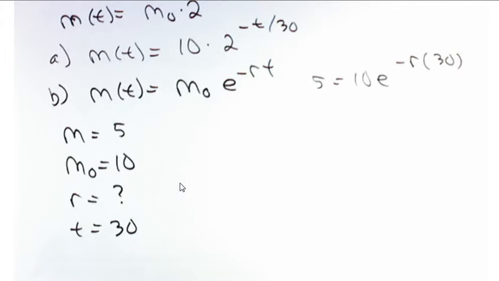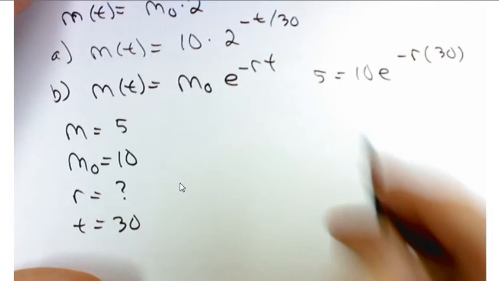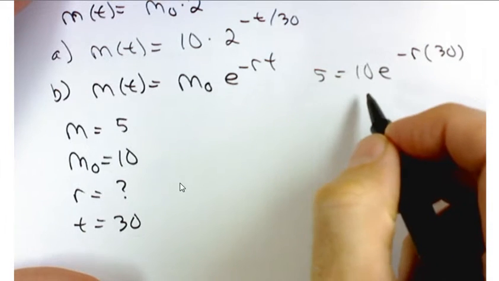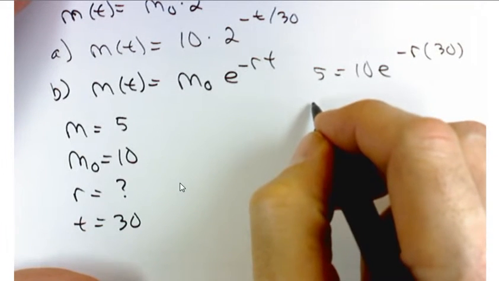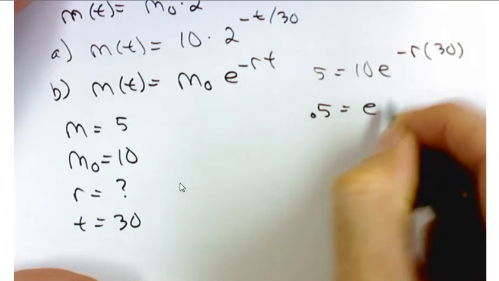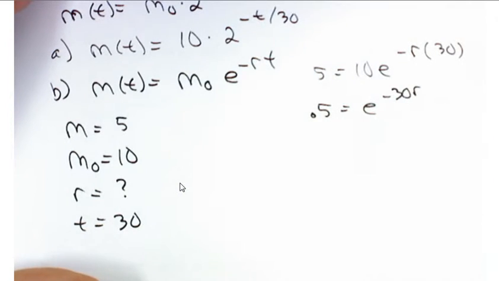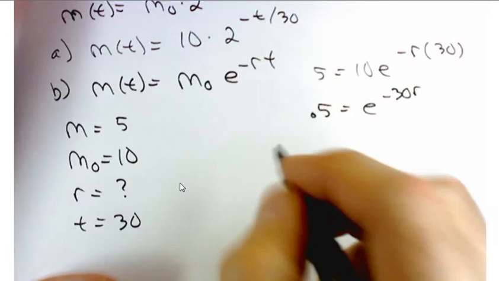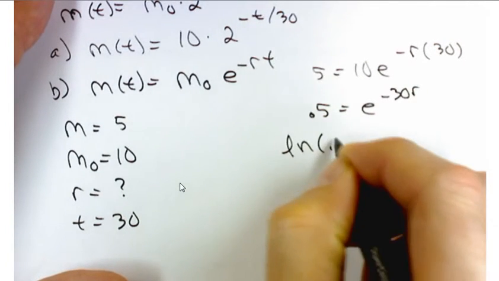We'll get 0.5 equals e to the negative, I'm going to rewrite that as negative 30r. What do I do from there? ln on both sides. Good, thank you. So ln of 0.5 equals ln of e to the negative 30r. So ln of 0.5 is negative 30r.